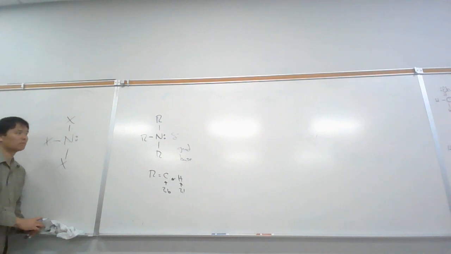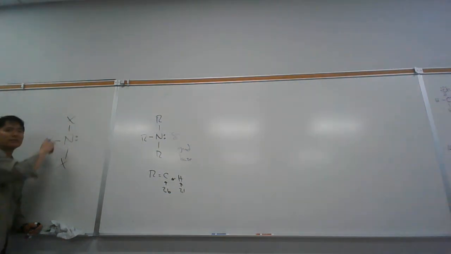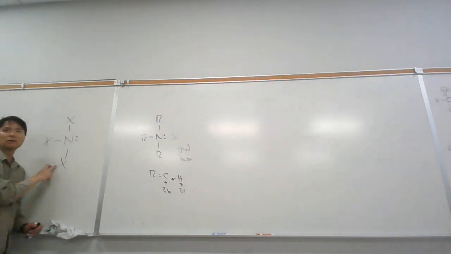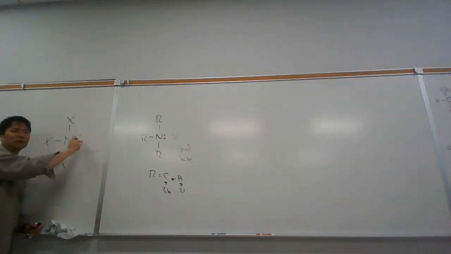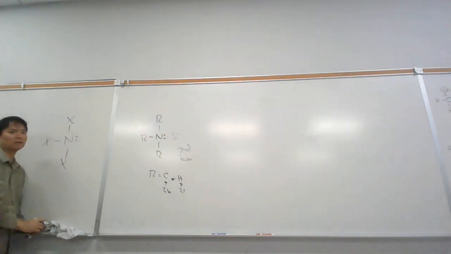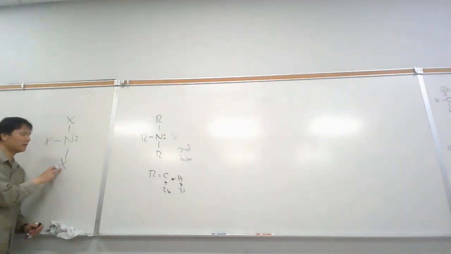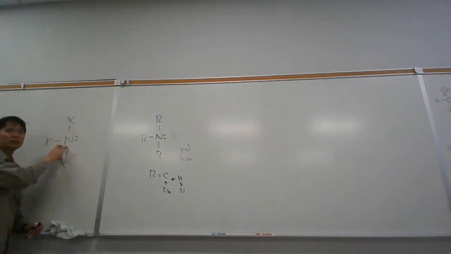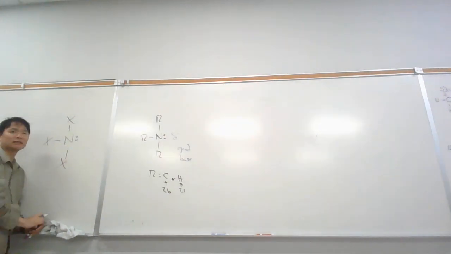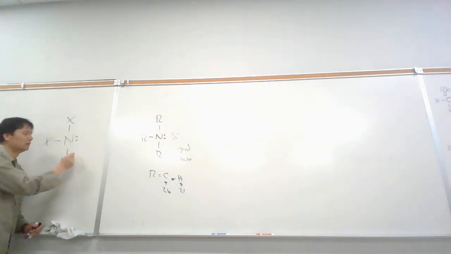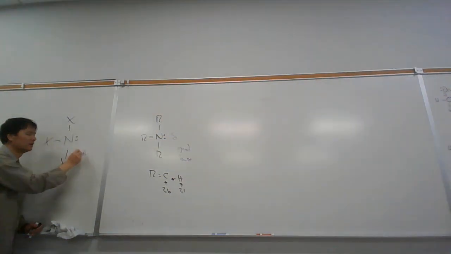Electronegative. For example, if I put 3 fluorines on here, does it make the delta minus bigger or smaller on nitrogen? It'd be way smaller. In fact, it flips. Fluorine would be the delta minus, and nitrogen would be delta plus. Is that a good base? No. Not a good base.